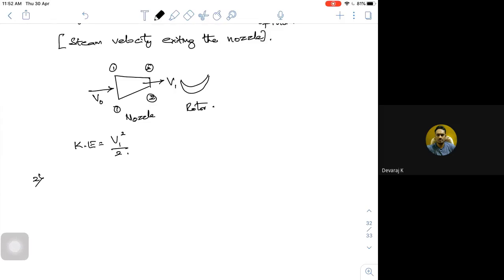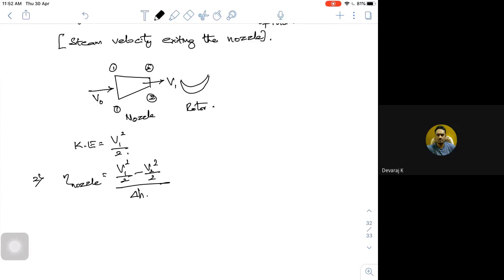So the nozzle efficiency is equal to the increase in kinetic energy divided by the isentropic enthalpy drop. Increase in kinetic energy means, for example, V1 square by 2 minus V naught square by 2, divided by the corresponding enthalpy drop. Actually, this is your nozzle efficiency.